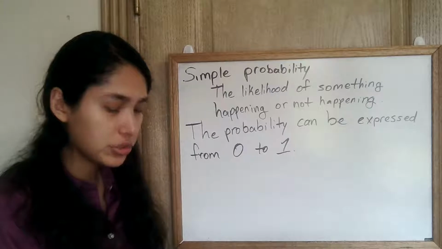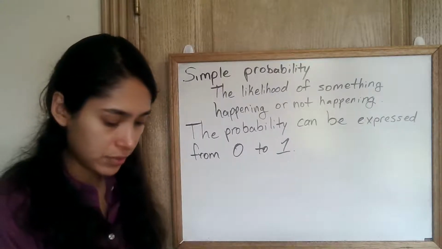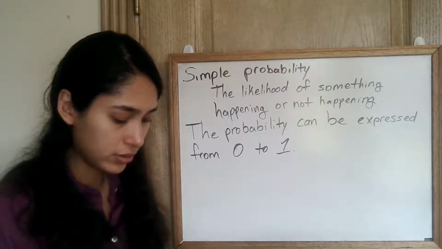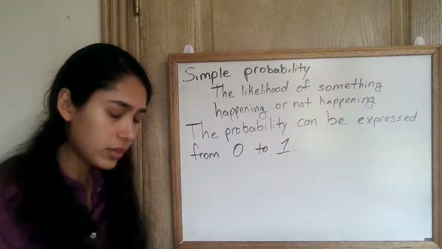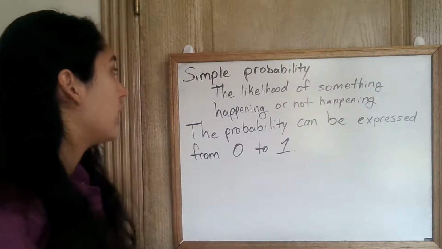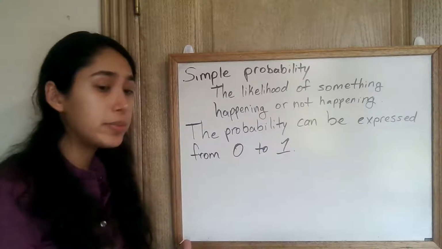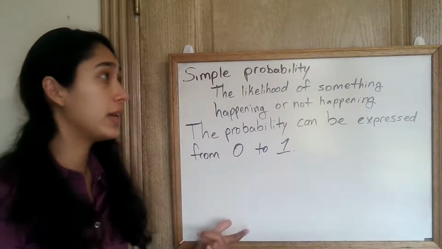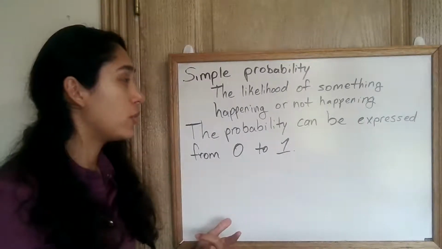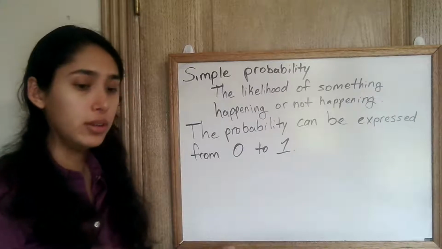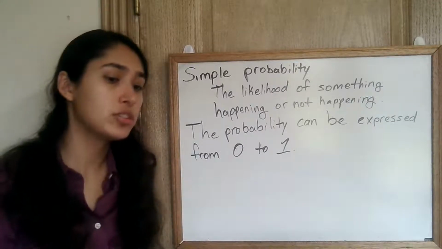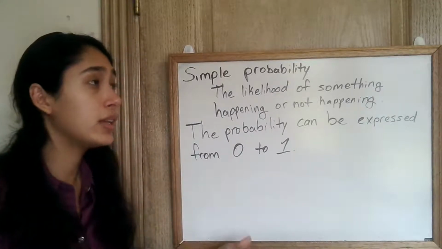So let's say that there's going to be a random event, and you want to find out what is the likelihood of it happening. This is with probability. That's why it's very big in decision making. It's kind of like let's say that you want to buy a piece of equipment. You know it's cheaper, but it may not last you as long.